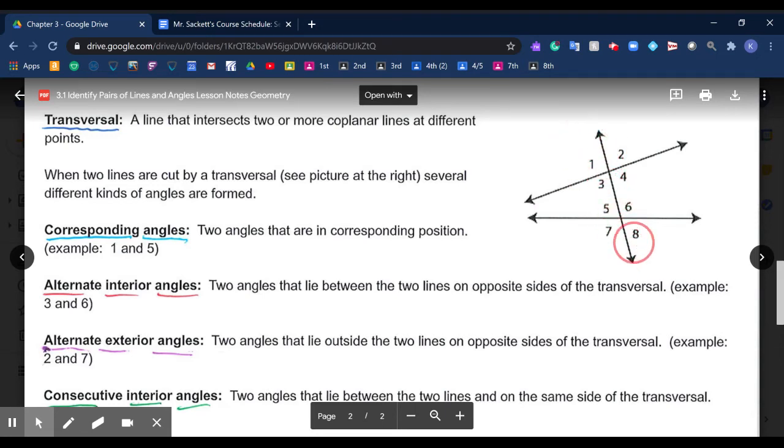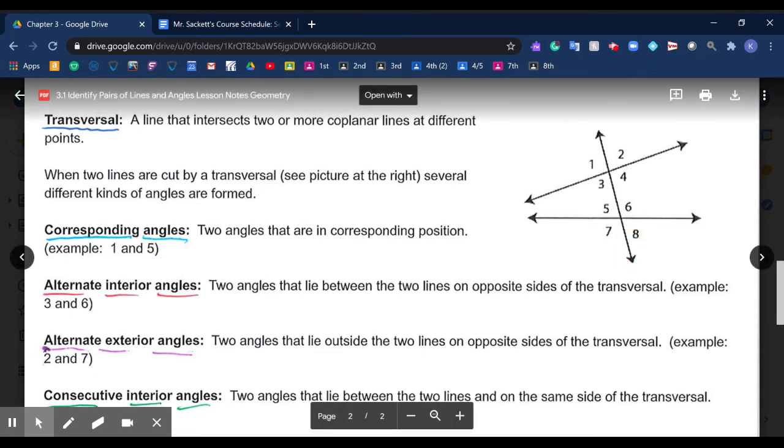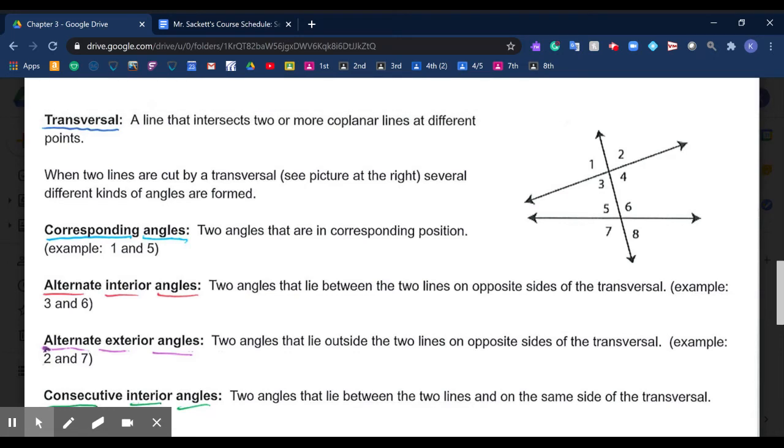It cuts the other two lines, or intersects them, at different points. And when two lines are cut by a transversal, we create several different kinds of special angles. These angles you're going to use quite a bit in future proofs, so you want to become familiar with the different types of angles here.